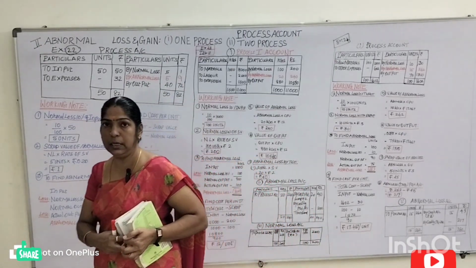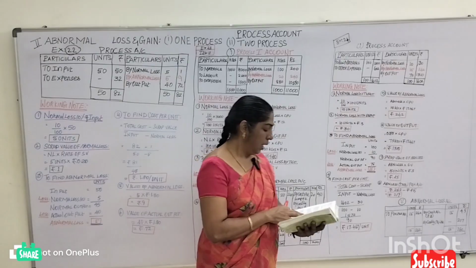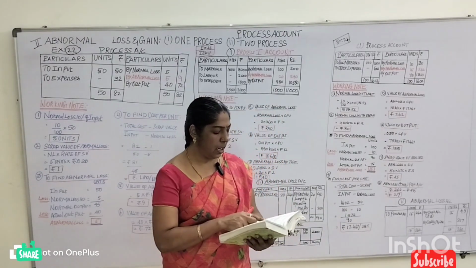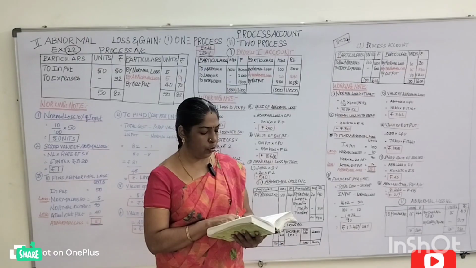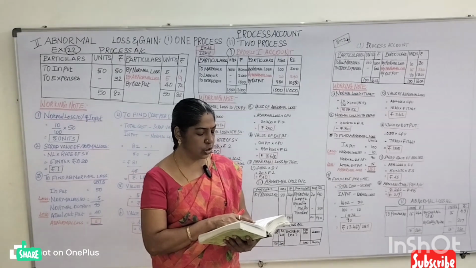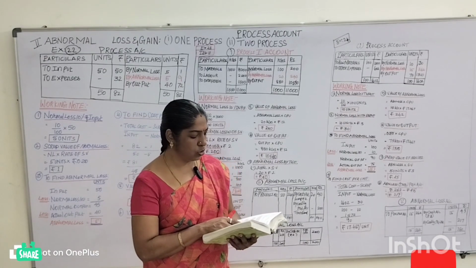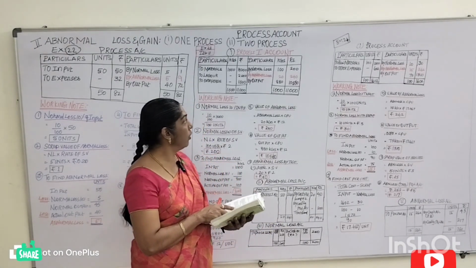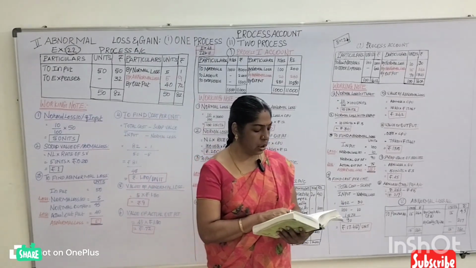Then we see exercise number 23. Let's read the question. In the manufacture of process B, 1000 kgs of material at rupees 8 per kg was issued to the first process. Labor cost amounted to 2000 rupees and production overhead incurred was 1000 rupees.